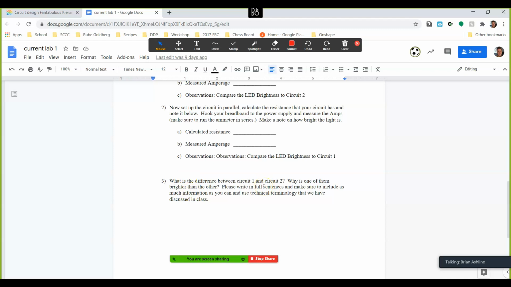Once you move on to step number 3, you're going to be answering in full sentences, including as much information as you can, and use technical terminology that we have discussed in class. So the question is, what is the difference between circuit 1 and circuit 2? Why is one of them brighter than the other? Okay, and you're going to go through and answer those questions as you go along.